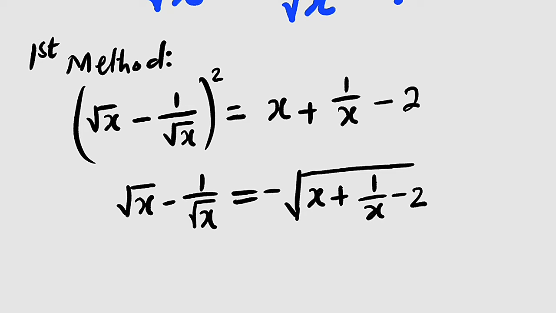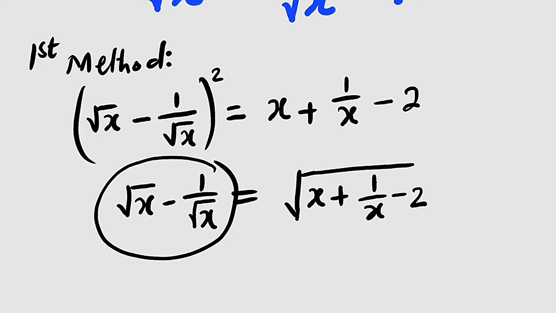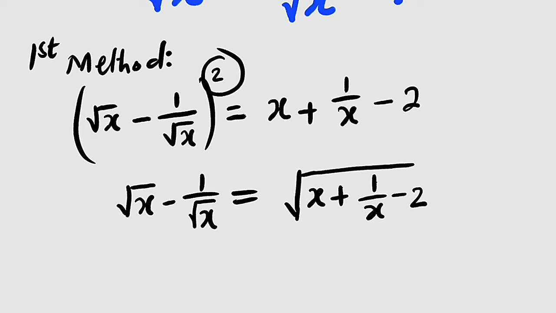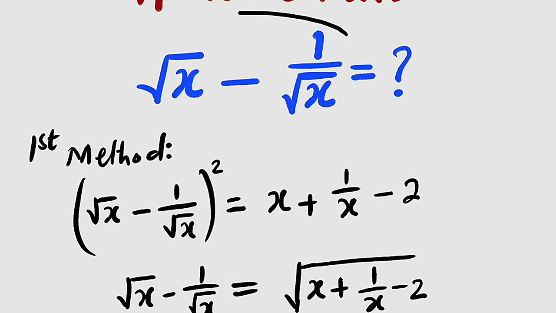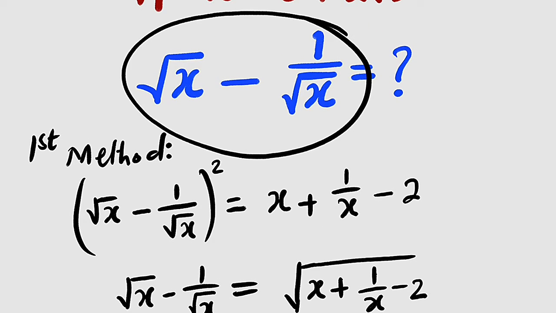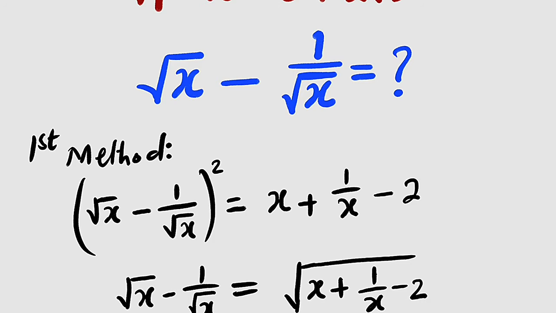Remember, initially what was given to us is just the square root of x minus 1 divided by the square root of x. I was the one that introduced that power of 2 in order to get this expression that will help us in evaluating what we are looking for. Therefore, from here you can see everything is positive. We don't have to include any negative solution.